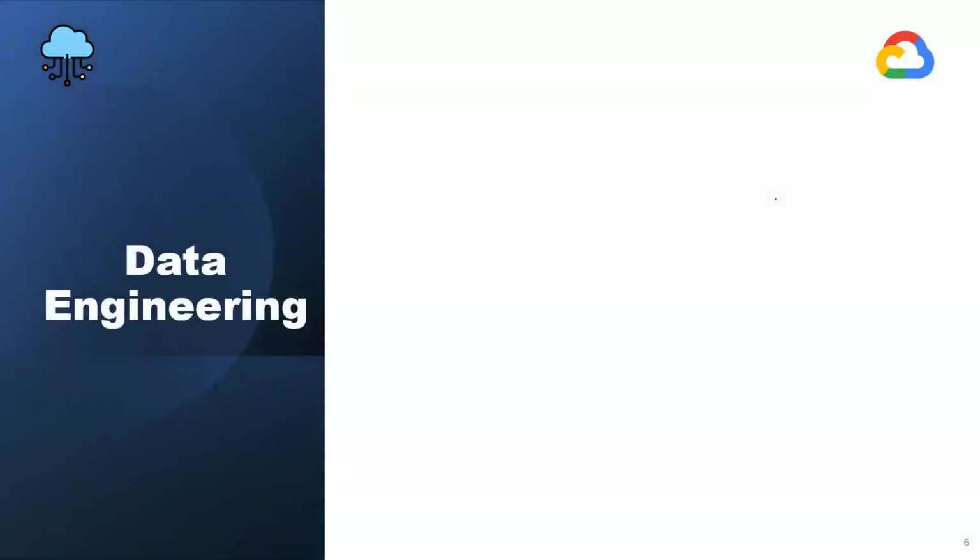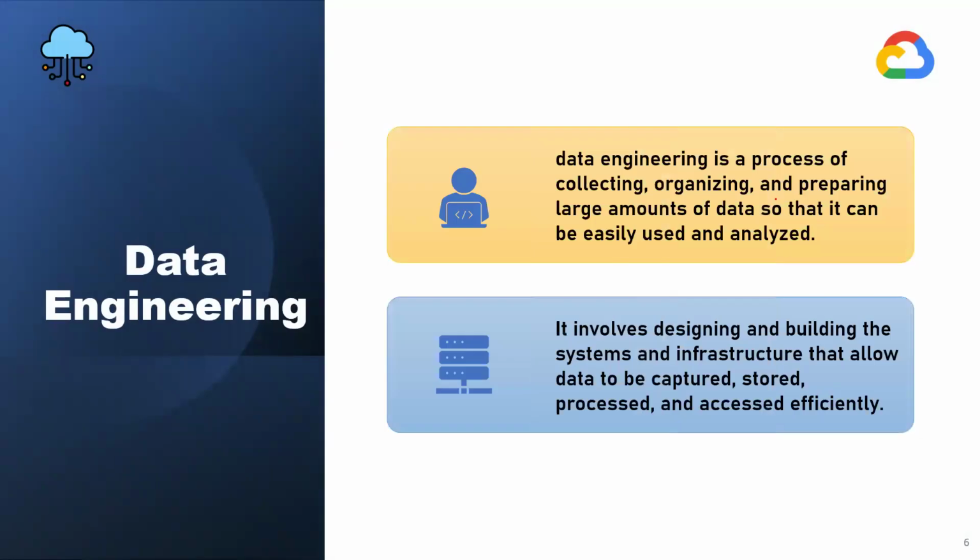If you want to see it in the form of a definition, data engineering is a process of collecting the data, organizing the data, and preparing large amounts of data for analysis purposes.